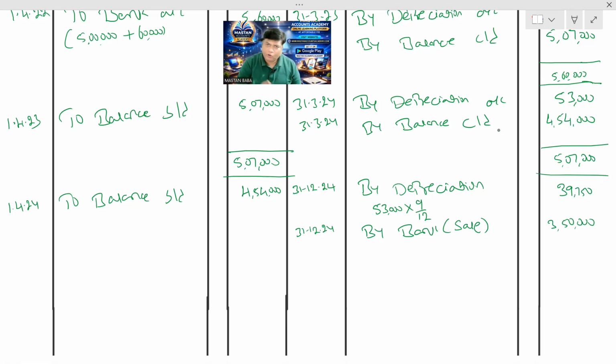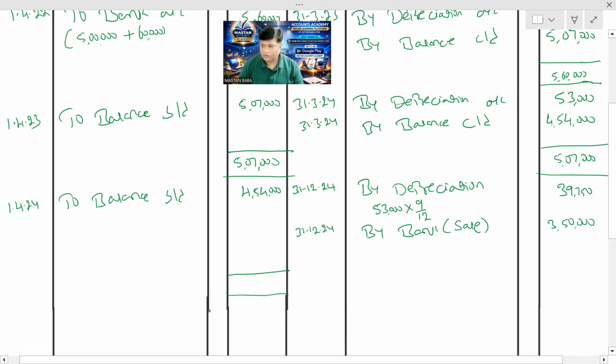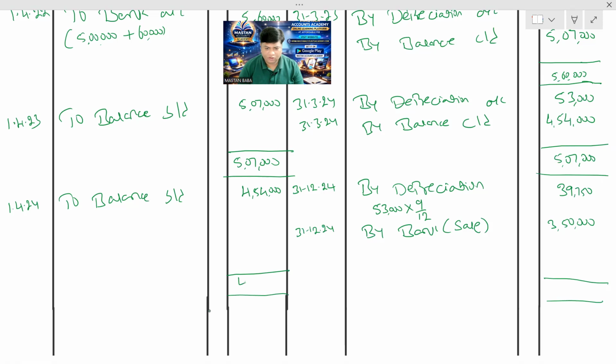And what are we supposed to do now? Just calculate debit total and credit total, obviously. So debit is how much? Just focus on it: 4,54,000. What about the credit? 3,50,000 plus 39,750, the credit is 3,89,750. Which is higher? Debit is higher, credit is lower. So I'm taking the biggest value on both sides, 4,54,000 and 4,54,000.